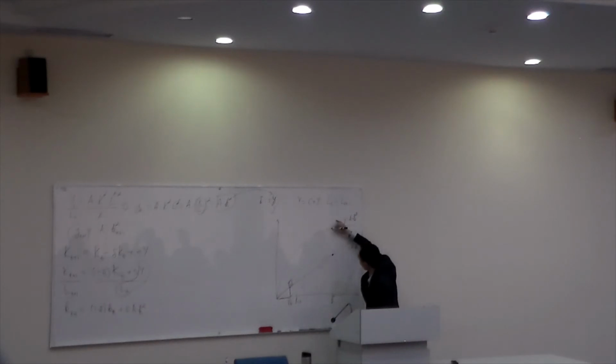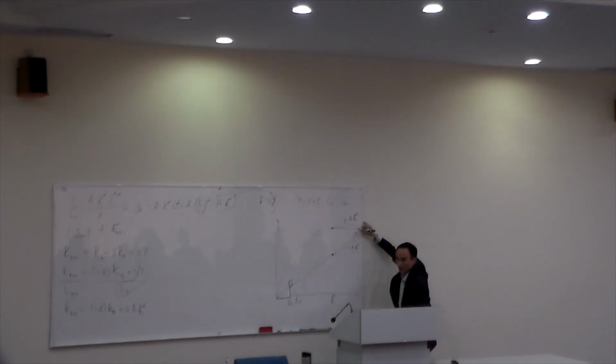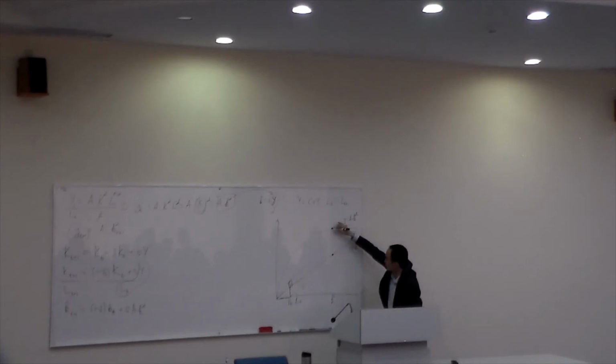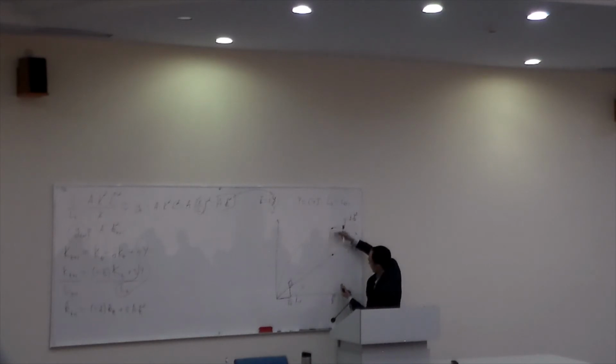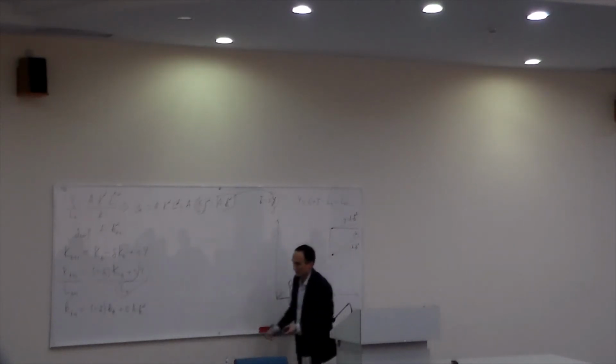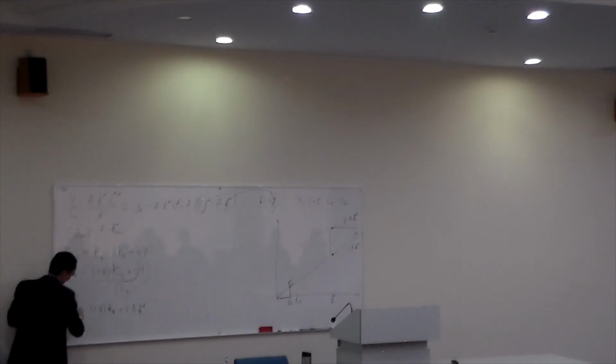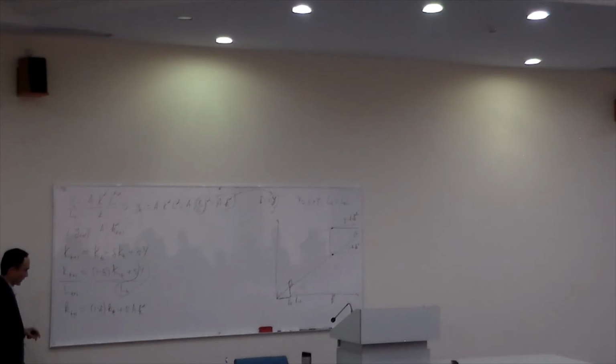It will be constant. At this point we will be consuming this much, because this is investment and this is consumption, and our consumption is not going to change anymore. Same consumption.